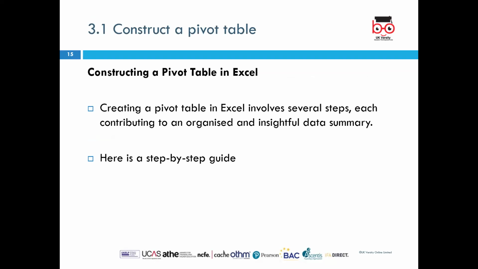Okay, now we're going to look into how to construct a pivot table. Creating this table in Excel involves several steps, each of which contributes to organizing our insightful data summary.